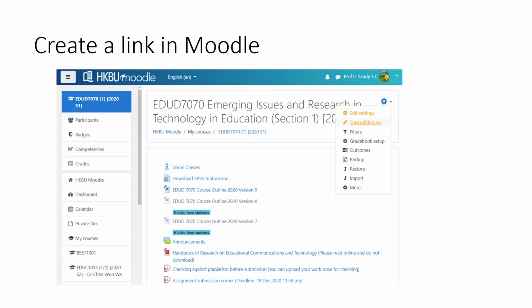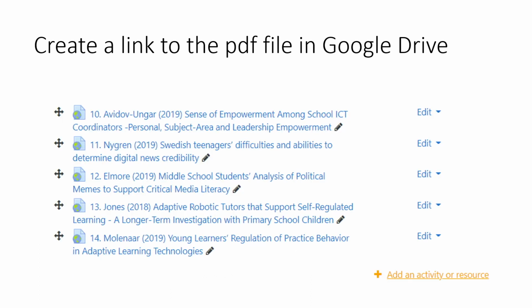The next step is to create a link in Moodle. What you need to do is to go to your own course page and click onto the Setting button and then choose Turn Editing On. At the location where you want to add the link, click Add an activity or resource.